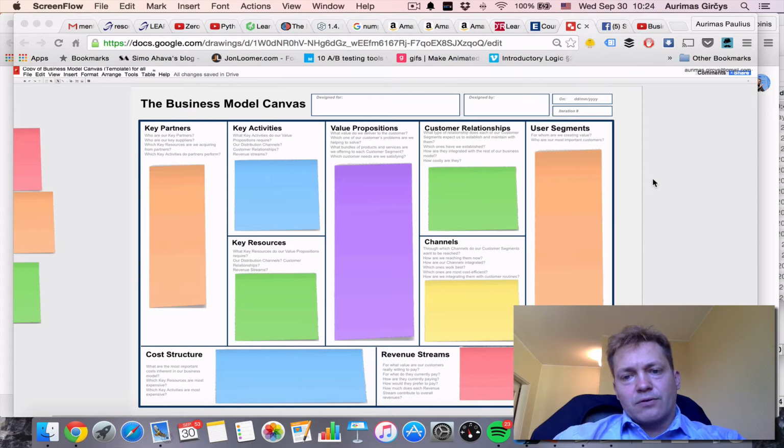I would like you to start with a very simple thing, which is to identify your user segments. For this, all you have to do is briefly describe who exactly your users are, what their key features are, how you can target them, and what their demographic or psychographic or other features are.